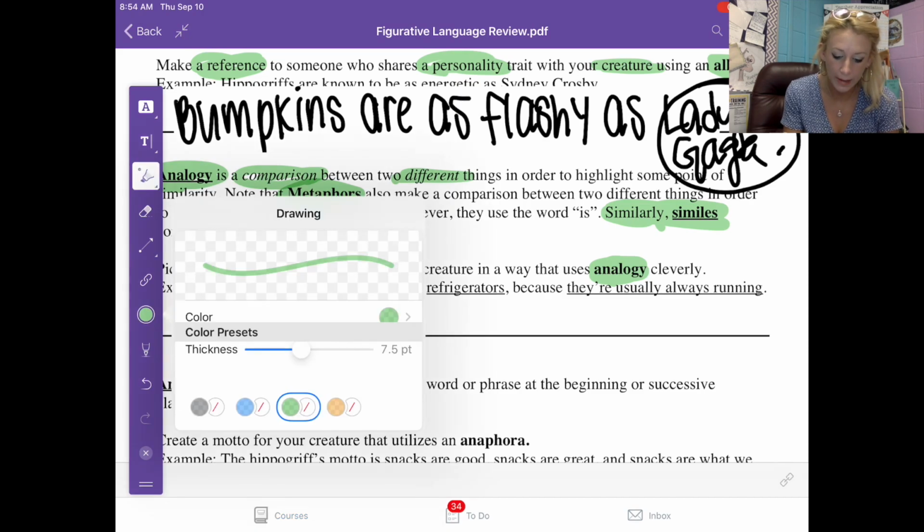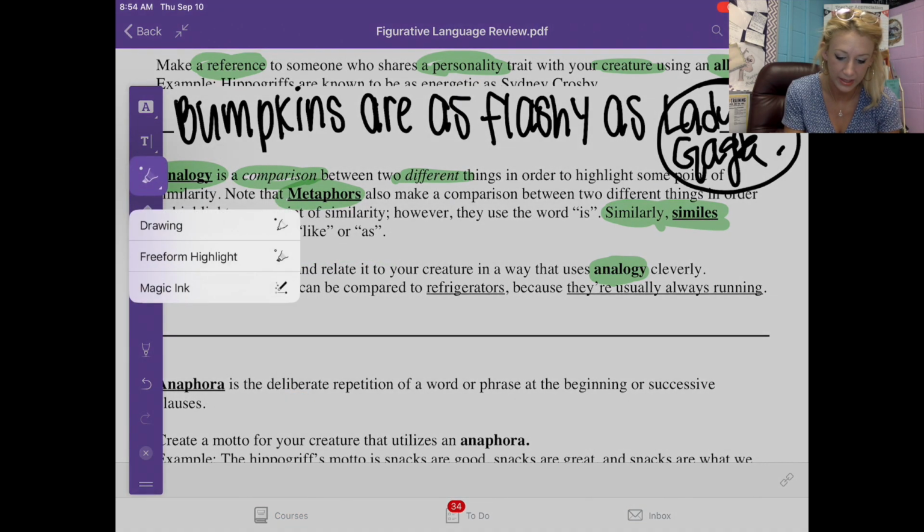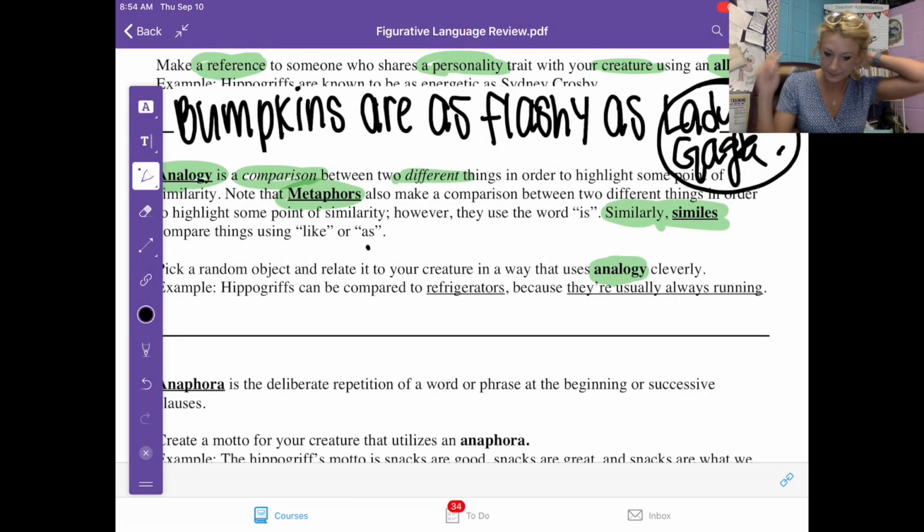So think of an object that you can compare to your creature. Again, could be a metaphor or simile here.